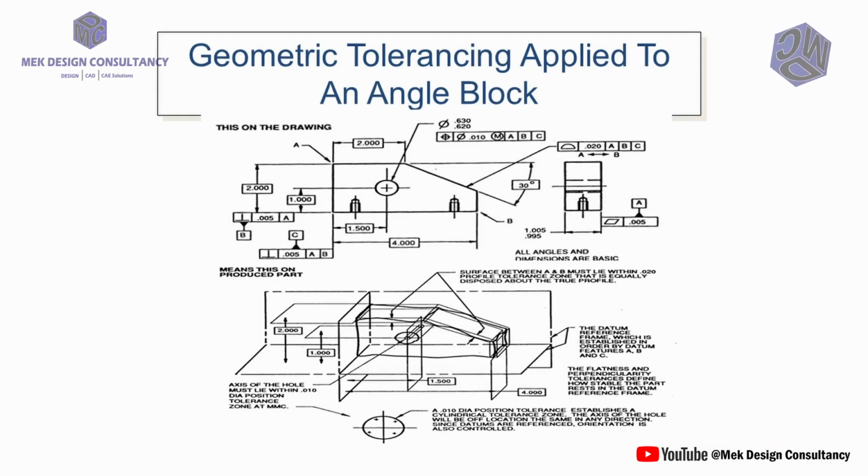For example, take a simple structure, an angle block, which consists of linear dimensions as well as angular and cylindrical dimensions. As per GD&T, all the linear dimensions should be specified within a rectangular box, as basic dimensions.